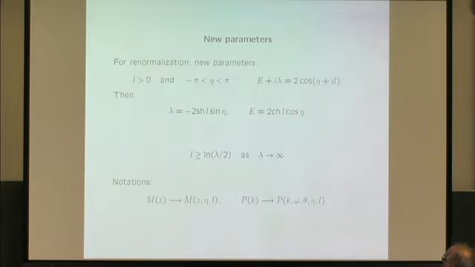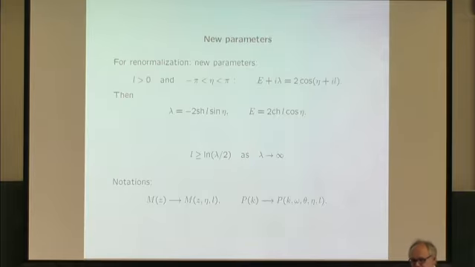Under this condition, this equation with real E and lambda defines eta and L in a unique manner. Actually, this is a simple exercise. You can compute explicitly lambda and E in terms of L and eta, and also you can compute explicitly eta and L in terms of E and lambda.